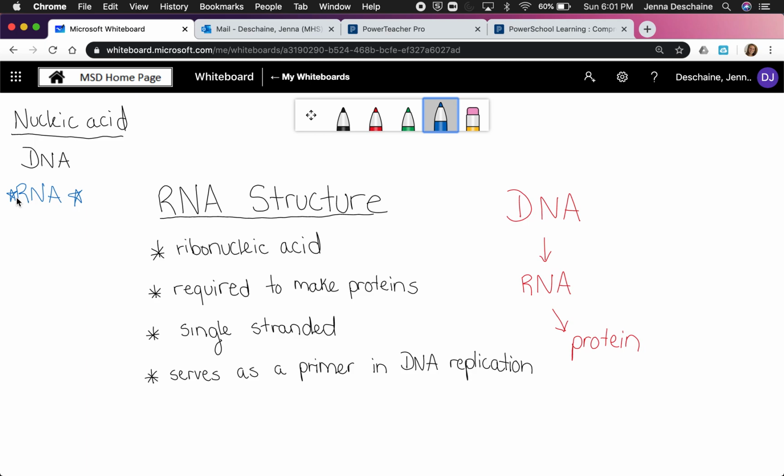First, I just want to go over the structure of RNA, and then I will be going over the structure more in depth on a different whiteboard. RNA, like I said, is another nucleic acid, and that's a type of molecule that contains genetic information.